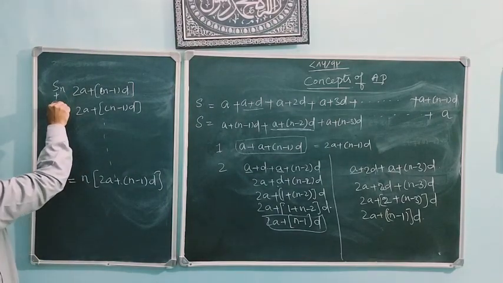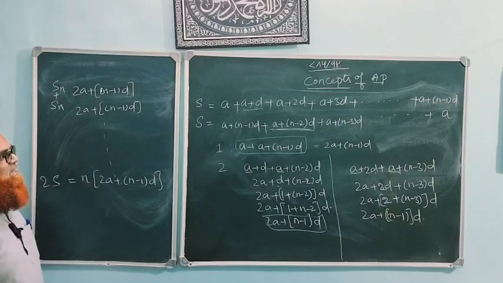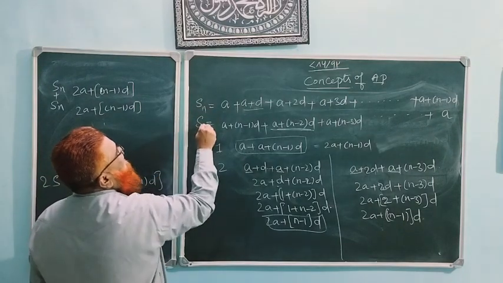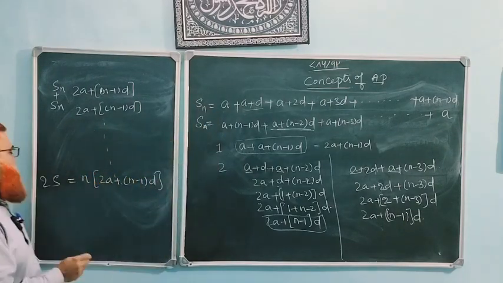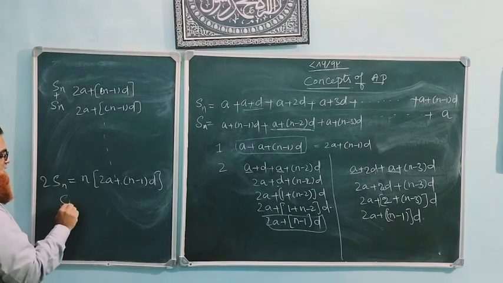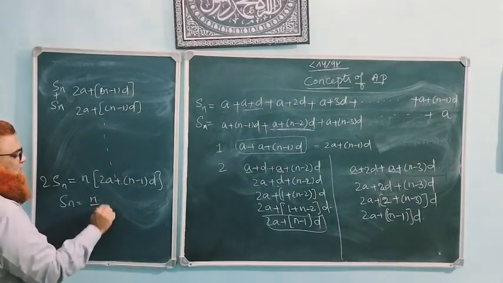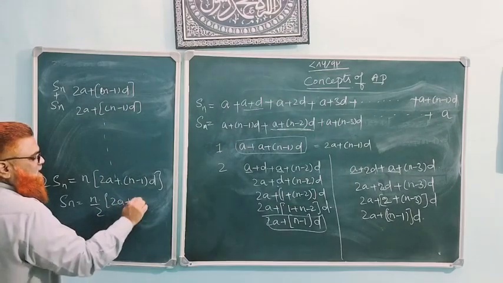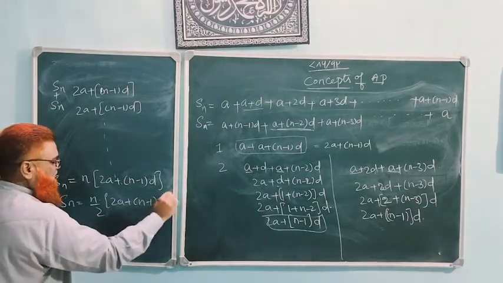This is one n-term series, this is another n-term series, Sn and Sn, so it is 2Sn. Therefore, Sn is equal to n by 2 into (2A plus (n minus 1) into D).